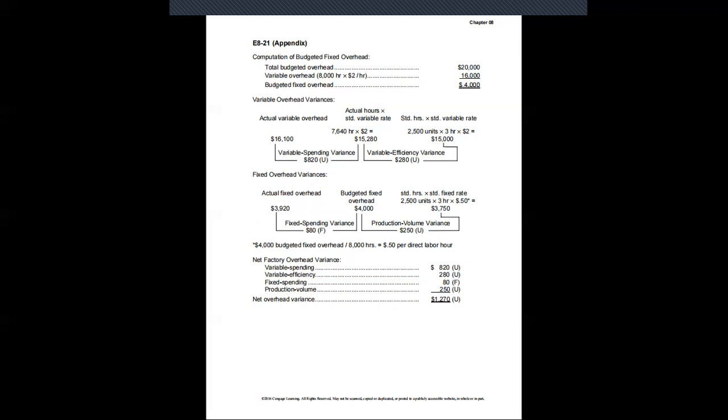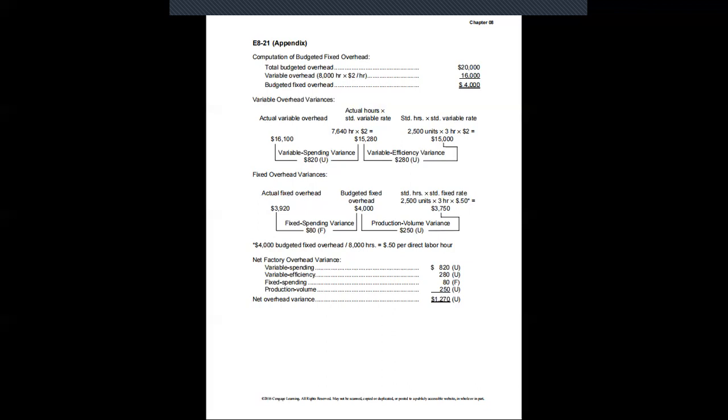The actual data for the period follow. Actual completed units, 2,500. Actual direct labor hours, 7,640. Actual variable overhead, $16,100, and actual fixed is 3,920. So first we have to determine the budgeted fixed overhead.